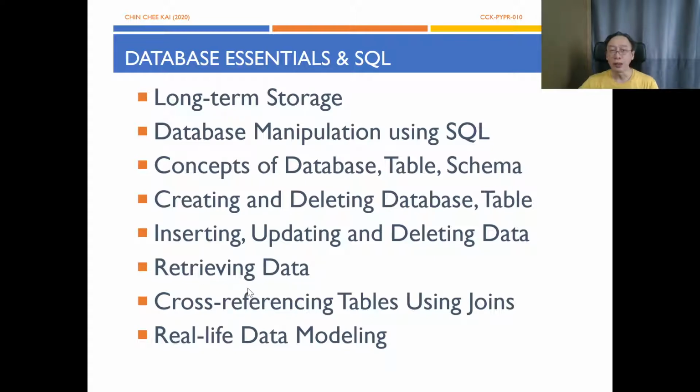Then retrieving data in its variety of ways, and then cross-referencing tables. That means we are going to conceptually link different tables together. We'll talk more about that. And finally, a little bit on how we apply SQL in the real world.